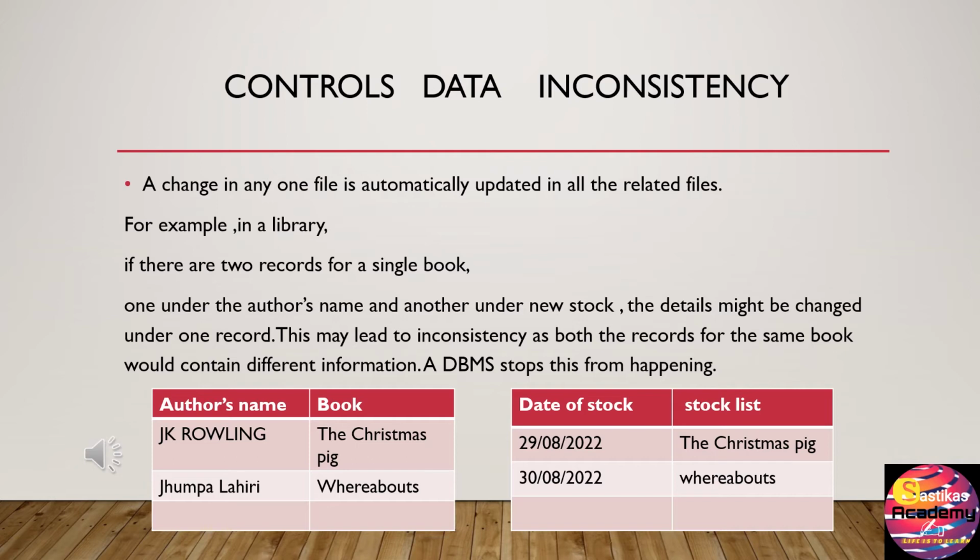If some student asks for that book, Christmas Pick by J.K. Rowling, we can't give that book because the stock is not available. So if the stock is not available, the related records are also deleted. So MS Access helps to maintain data consistency.